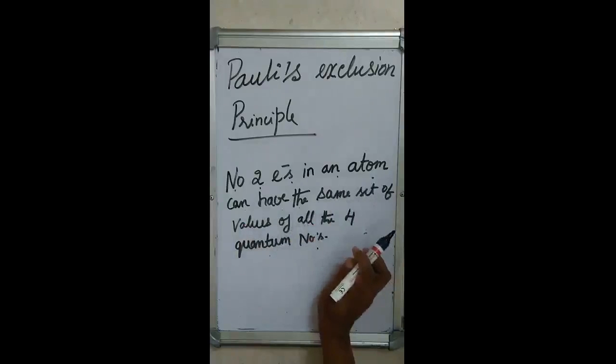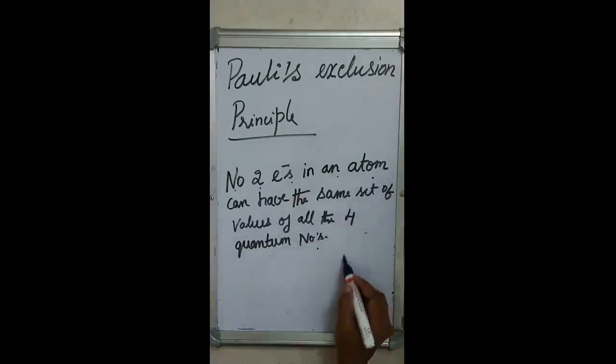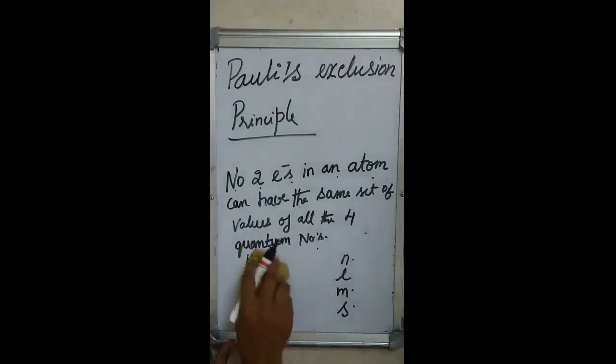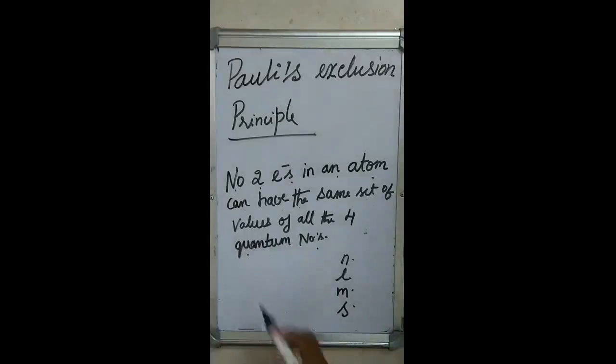Now, what are the 4 quantum numbers you studied? The principal quantum number n, the azimuthal quantum number L, the magnetic quantum number M, and the spin quantum number S. Now I will consider one orbital, the 1s orbital.